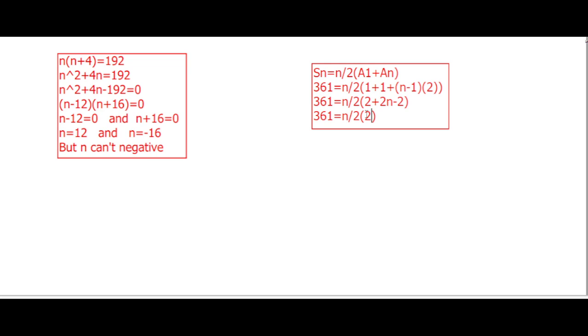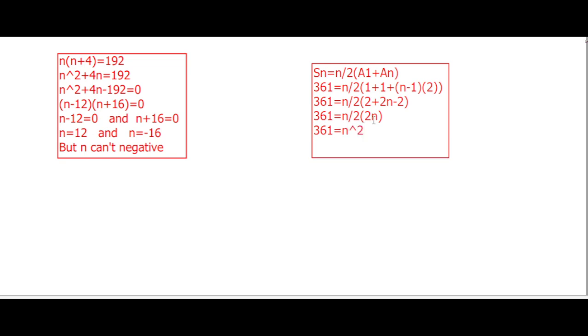Let's cancel 2 by 2. So we have 361 is equal to n times n, n square.